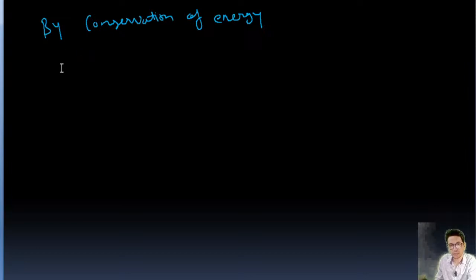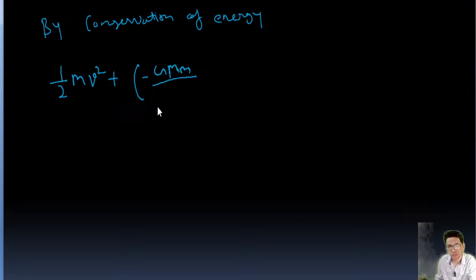Kinetic energy is half mv square, plus potential energy, that is minus GMm upon R, where capital M is the mass of Earth and small m is the mass of the particle. That is going to be equal to total energy.